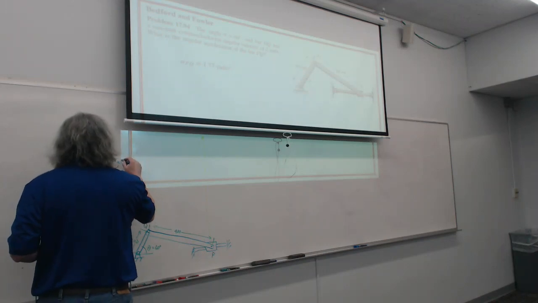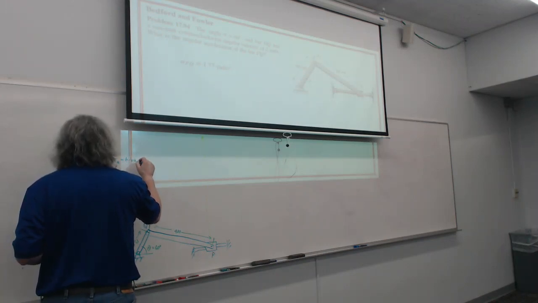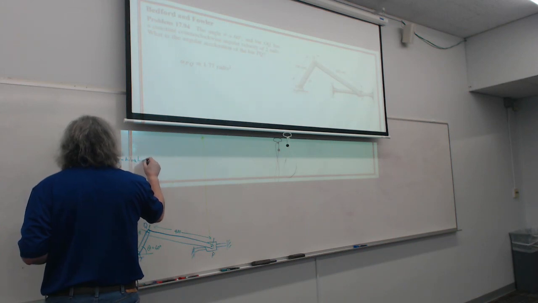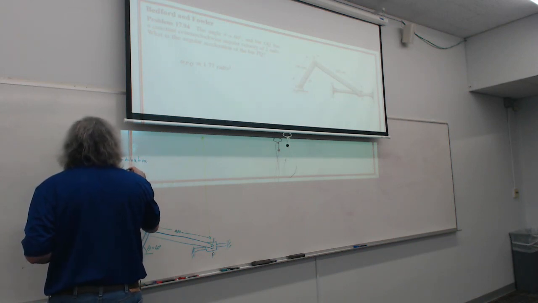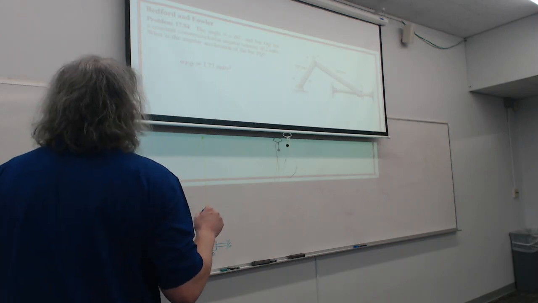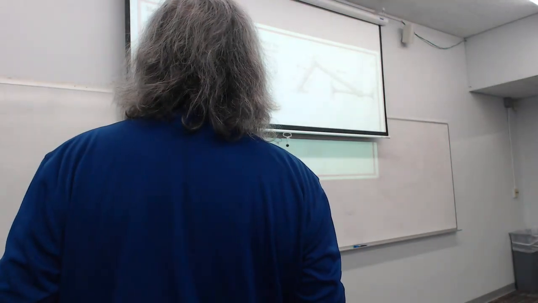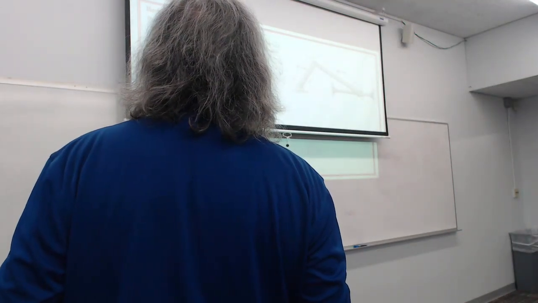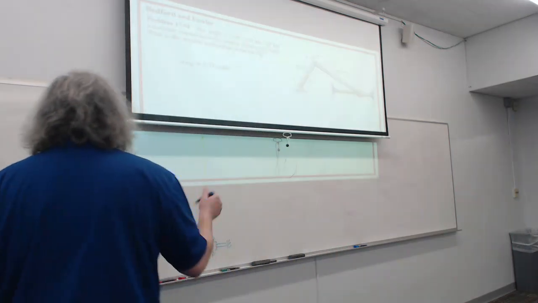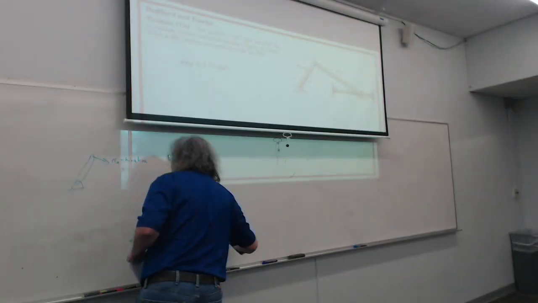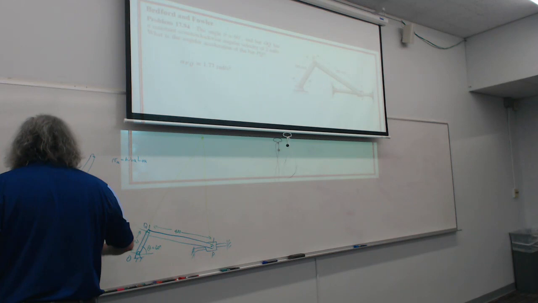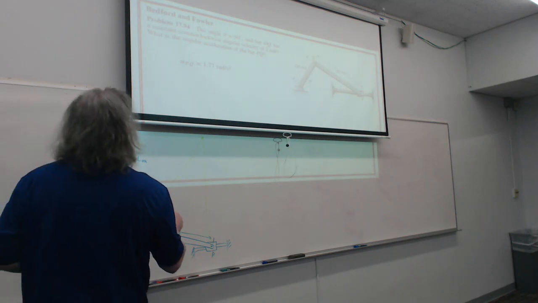VQ is omega OQ times LOQ. And I didn't actually see which direction it was going. Counterclockwise. So I was all excited about drawing in that direction. Counterclockwise.